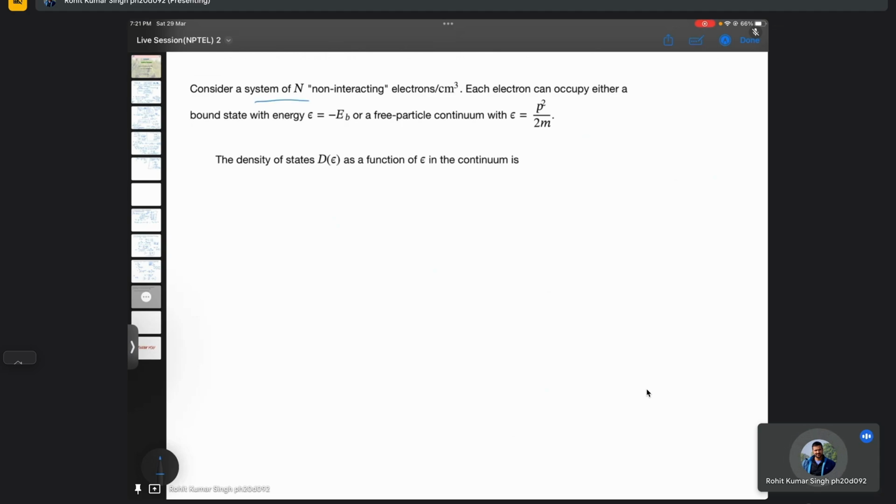So consider a system of n non-interacting electrons per centimeter cube. Electrons means fermions, right?